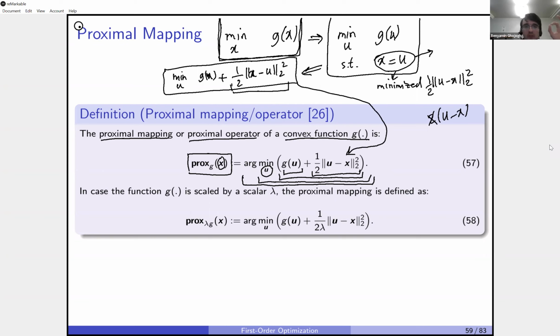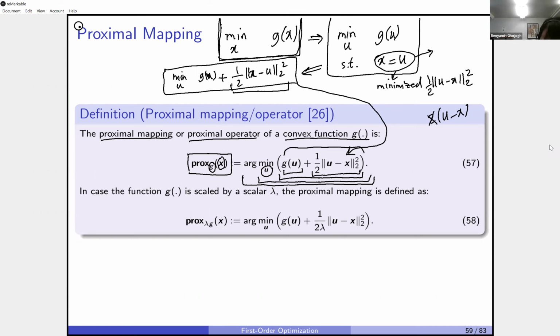So the u which minimizes this term is equal to the prox of x with the function g, right? So this is the definition of the proximal operator. I think now you understand what it is doing. It's saying that minimize the function g with respect to u, but try to set x and u close to each other. Okay.